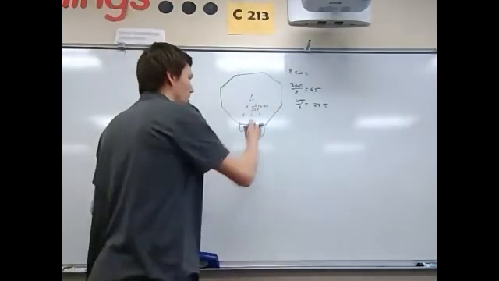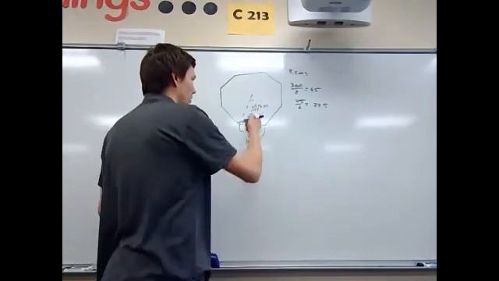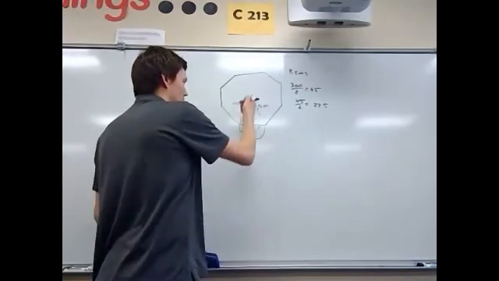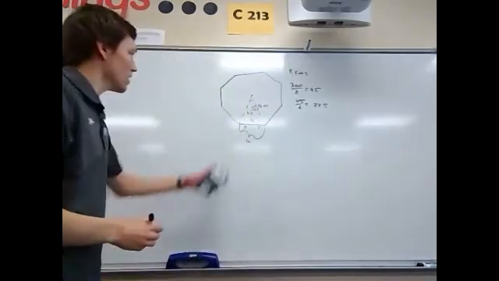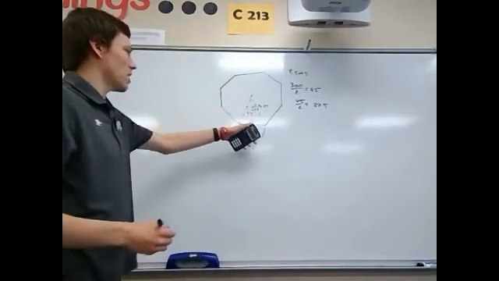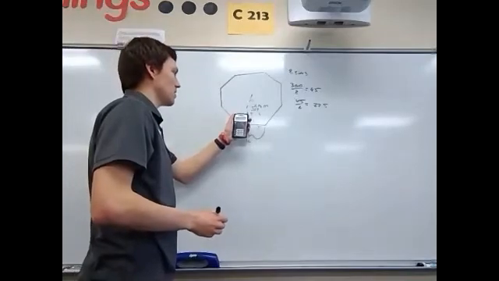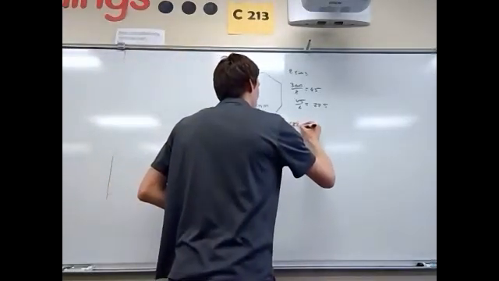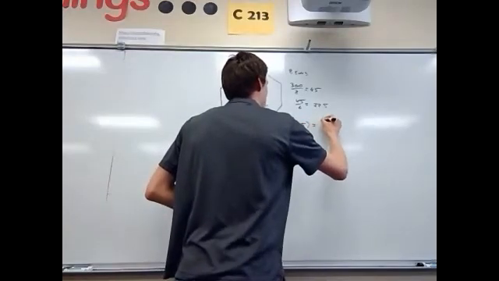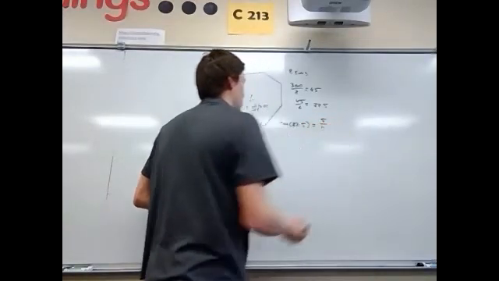So this is 22.5. Okay. Now, if I want to find the height, call it height right here. This is opposite, and this is adjacent. So I'm going to use tan of 22.5 equals opposite 5 over adjacent h.